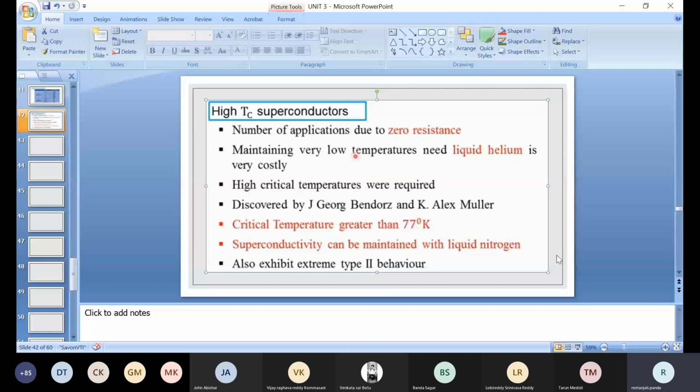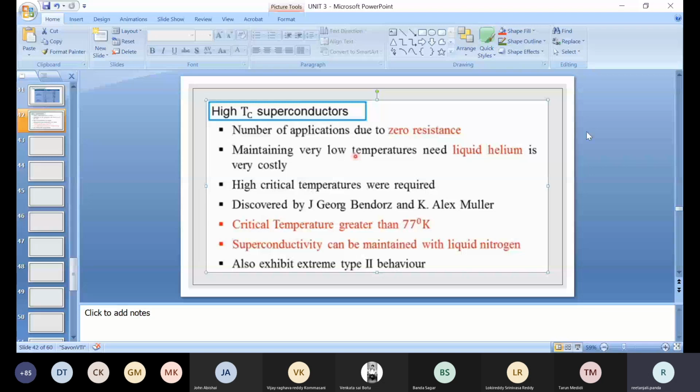Okay, 4.2 or 4.3 Kelvin is a very low temperature, and that low temperature we cannot achieve without either liquid helium or liquid nitrogen. For all these superconductors, we achieve the temperature at a lower level, so we need to find out the process for how we will achieve it, and mostly we are using liquid helium or liquid nitrogen for maintaining the very low temperature.